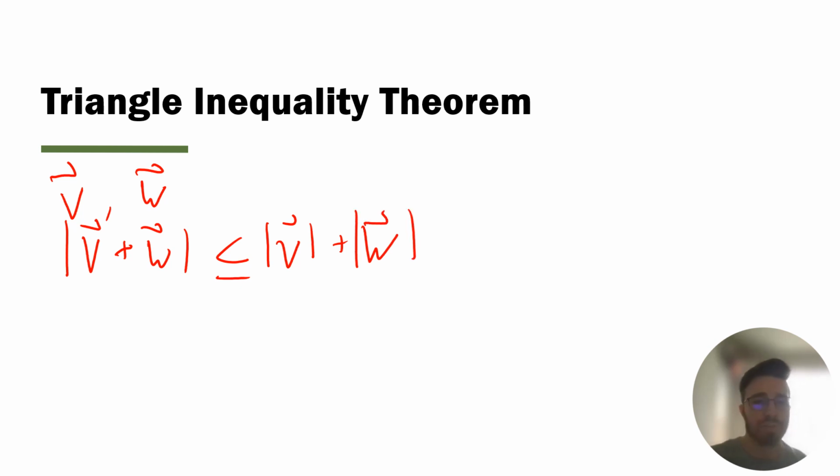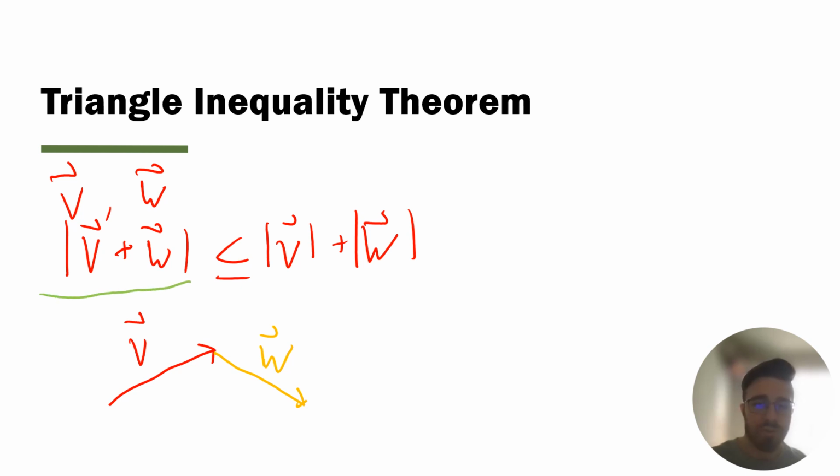And if I were to illustrate this, so let's take a vector v like this, and then if we have the vector w like this, so this would be w. What would be this part, this left side of the equation? V plus w.